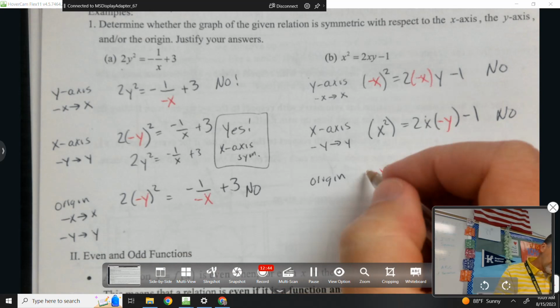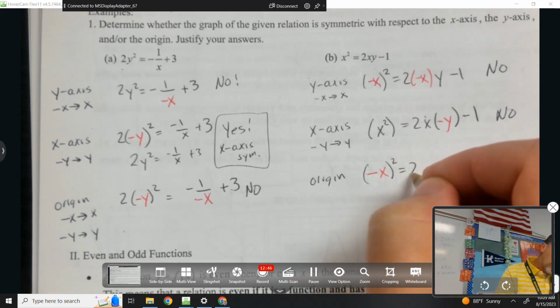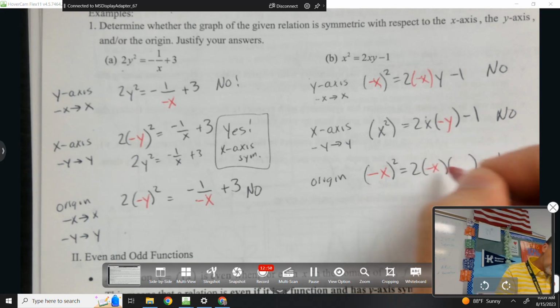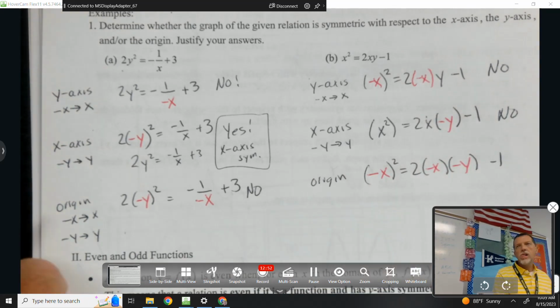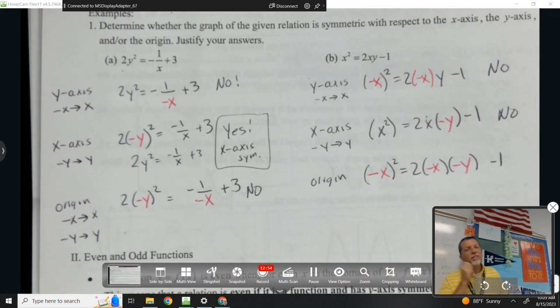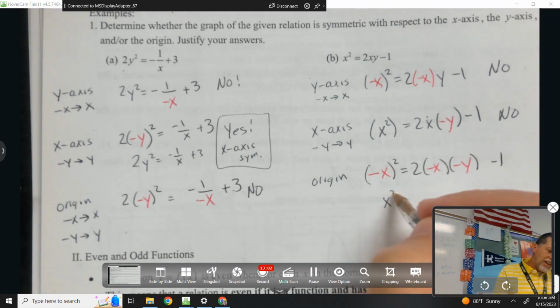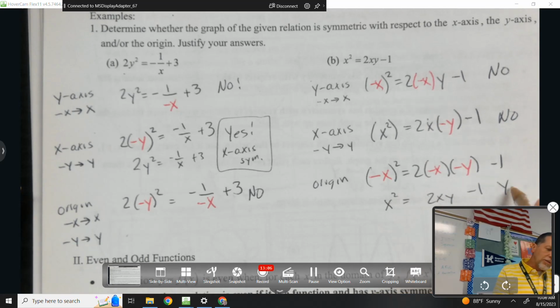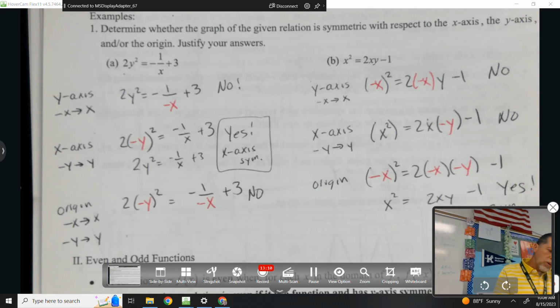Negative x in for x. Man, negatives all over the place on that one. Yes. Right, because the squared fixes this negative, and then the two negatives make a positive. So that one turns out to be a yes. It does have symmetry with the origin.